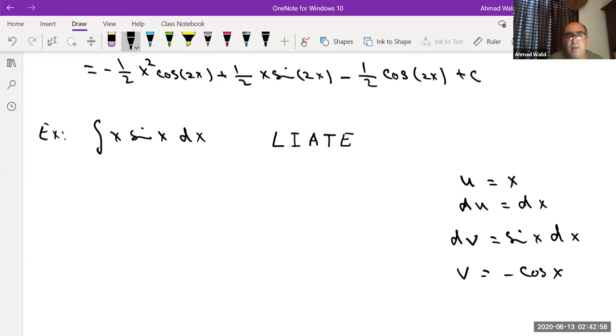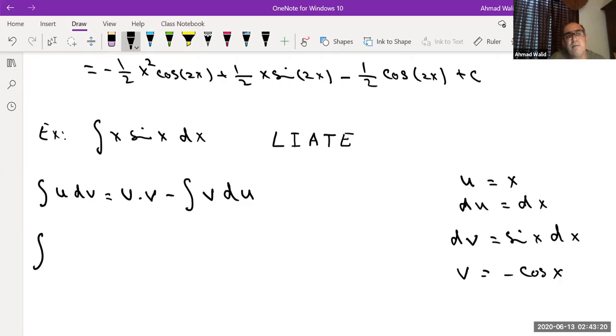Now, my formula. Integral of u dv equals u times v minus integral v du. That's my by-parts formula.